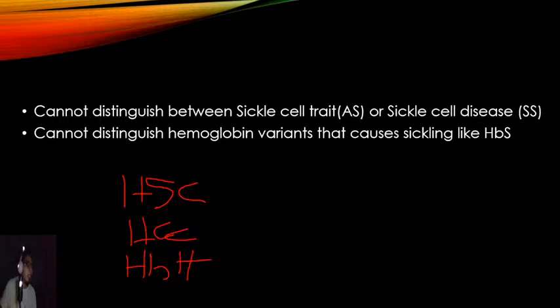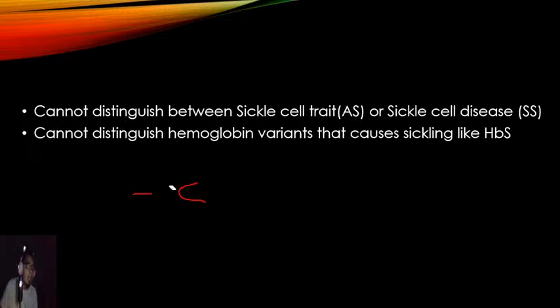Everything is basically beta chains. So please don't forget those hemoglobin variants. This again cannot be detected by your sickle cell screening test. Now, sir, would it test positive? Yeah, it would test positive for all of this. But you need to do hemoglobin analysis studies.